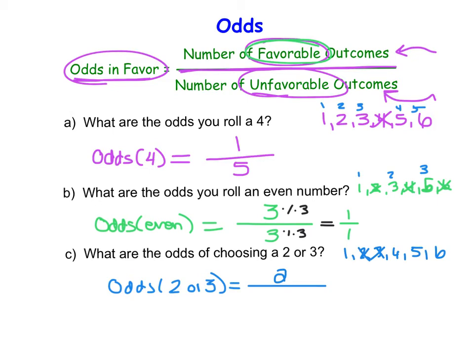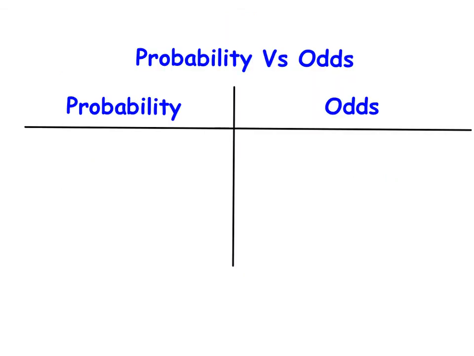Then we can see that we have 4 numbers, 1, 2, 3, 4, that are unfavorable. So we have favorable over unfavorable, then we simplify, and we get the odds of rolling a 2 or 3 are odds of 1 to 2.